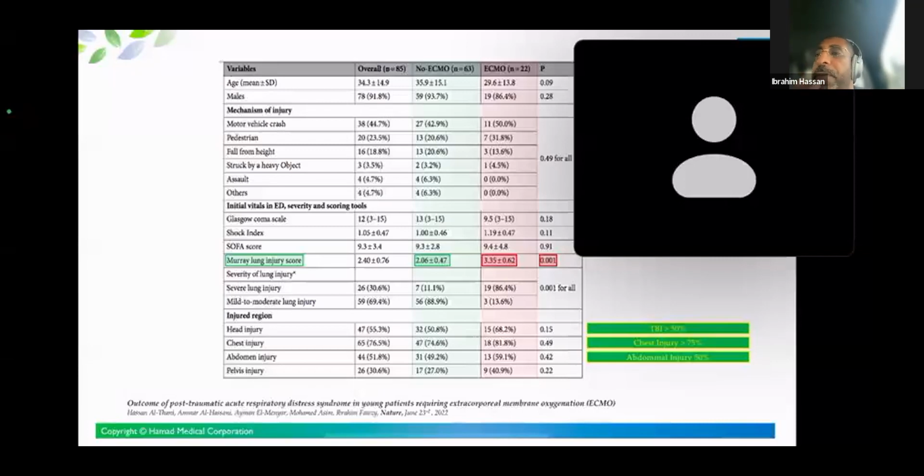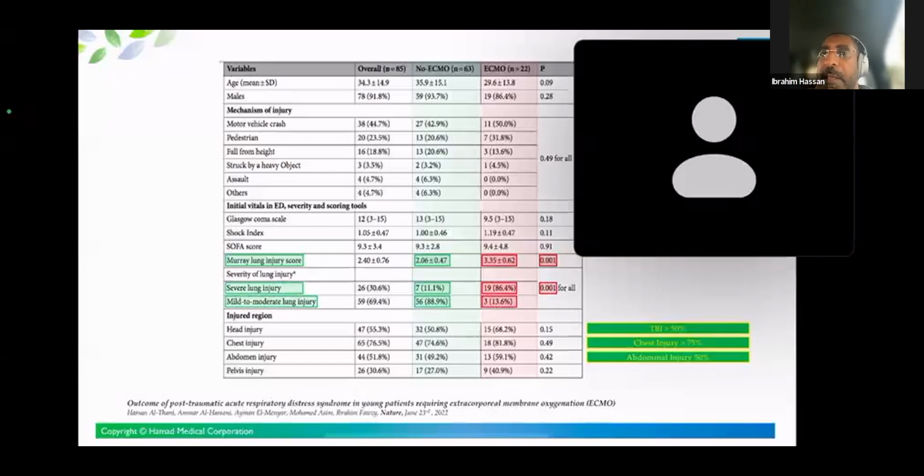And one of the reasons it dropped, because I think it's higher than that, is that some of the patients have bronchial and tracheal tears. So that affected the overall Murray score, because the majority are 3.75 and 4 that we take for ECMO.